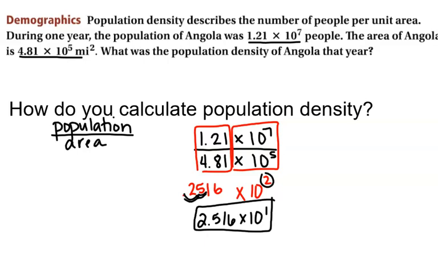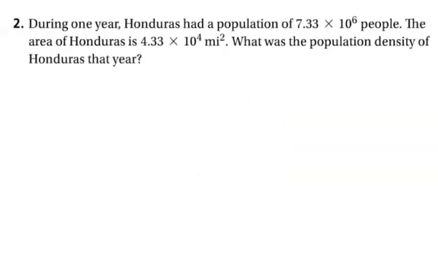Okay, let's try the next one. During 1 year, Honduras had a population of 7.33 times 10 to the 6th power of people. Area is 4.33 times 10 to the 4th power. What was the population density of Honduras that year? So we take our population, and we're going to divide it by our area.